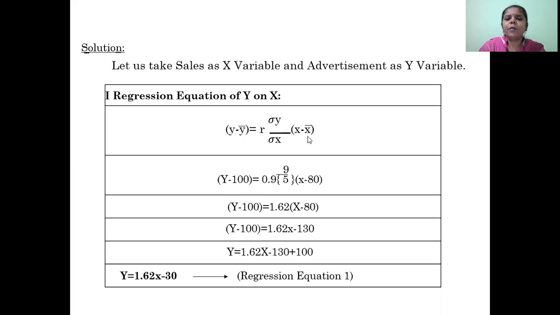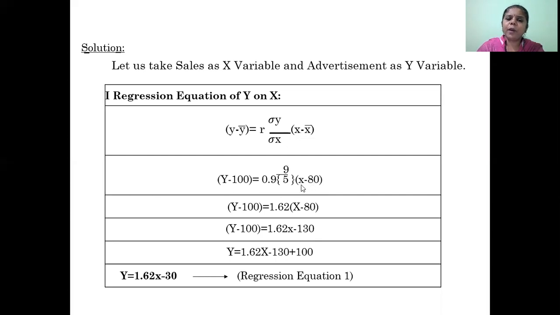This is the formula for calculating regression equation y on x. The y mean given in the problem is 100, correlation is 0.9, standard deviation y is 9, standard deviation x is 5, and x mean is 80.